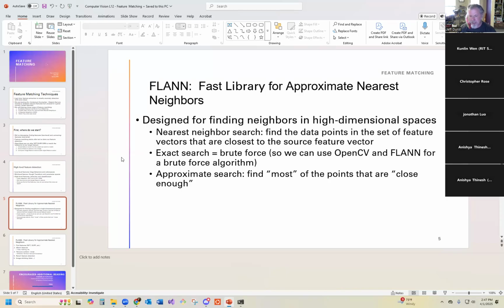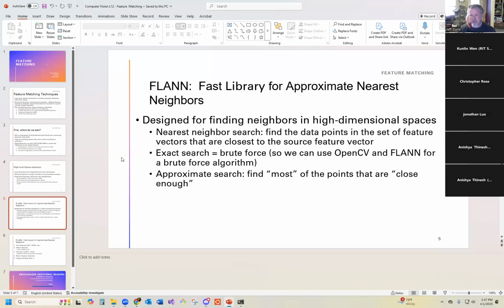So we have this space and we have the thing we care about, our source. And what FLANN does is it looks at the nearest neighbors to that point, and it uses an approximate search.